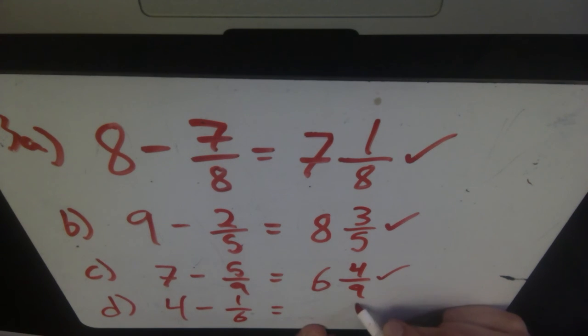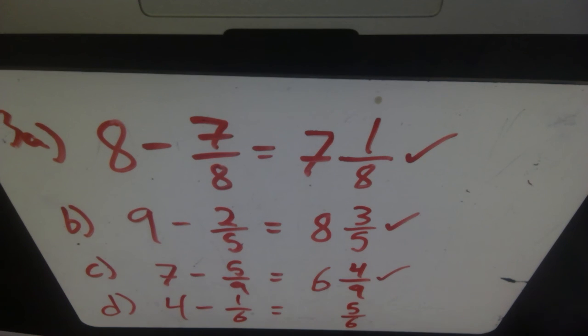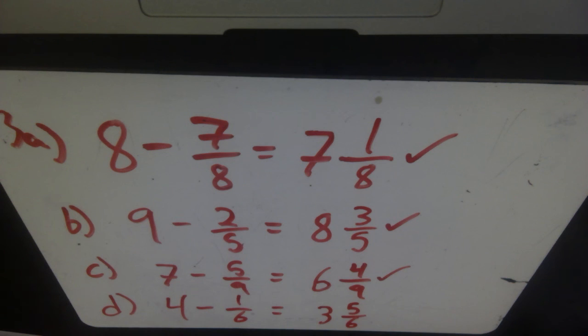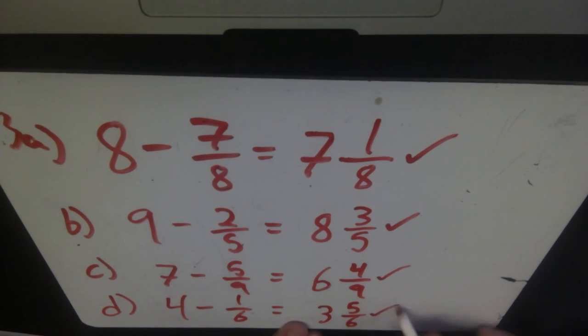Well, I need to add 5 out of 6, because that's going to give me 1 whole. When I add this to this, it will give me 1 whole number, and then I am only missing 3, because then I only have to add on 3 more to give me 4. So we then have both sides balance. 4 subtract 1/6 is 3 and 5/6.